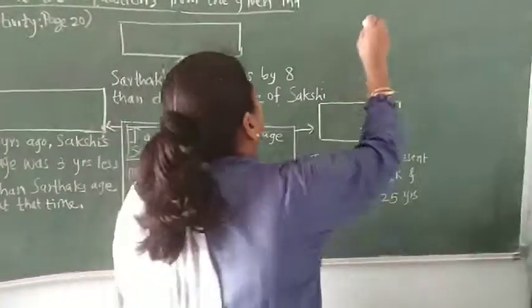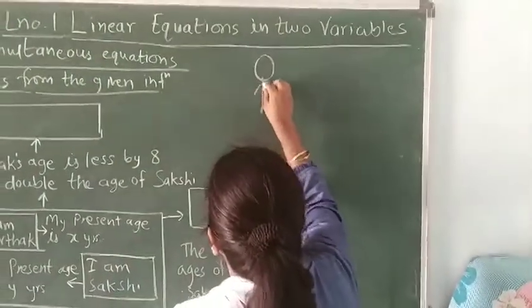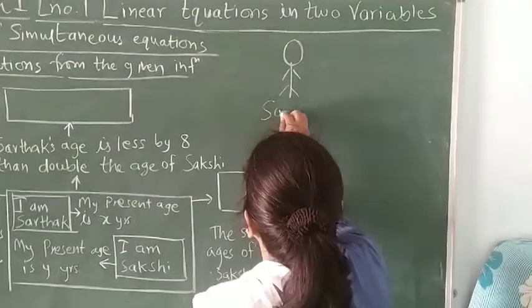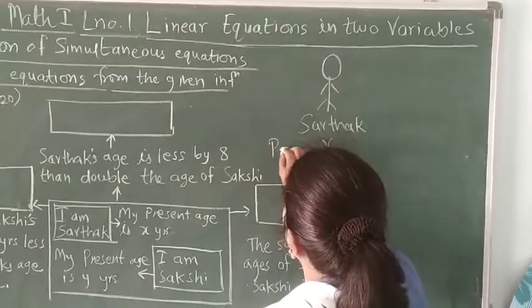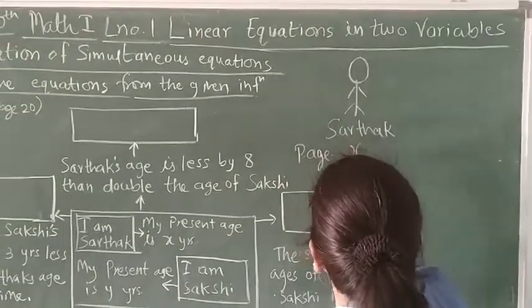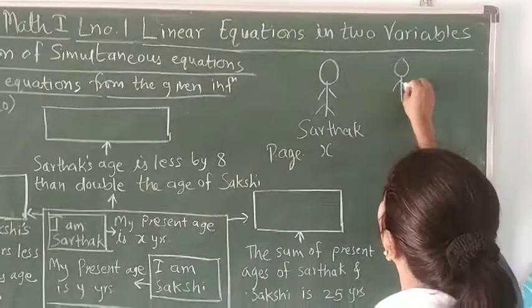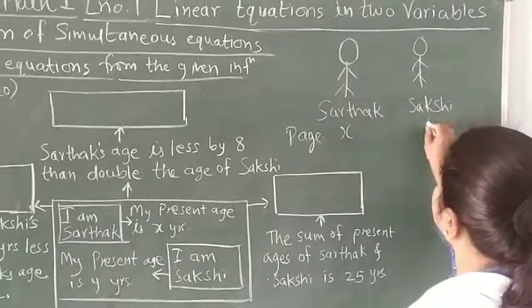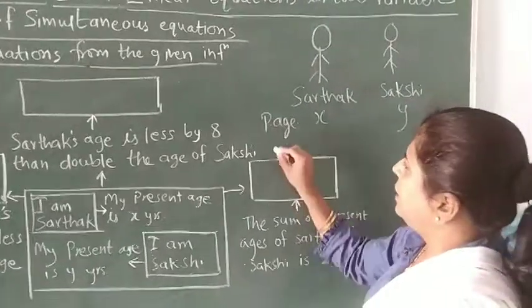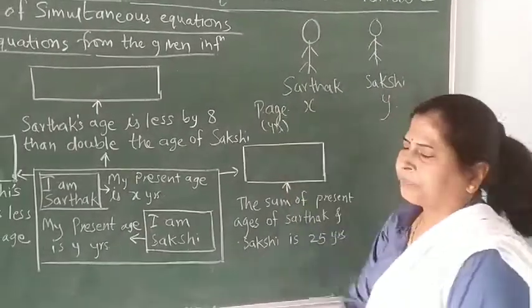So we can see that there are two persons, one boy whose name is Sarthak and his present age is X years, and one girl called Sakshi whose present age is Y years. Present age is given in years.